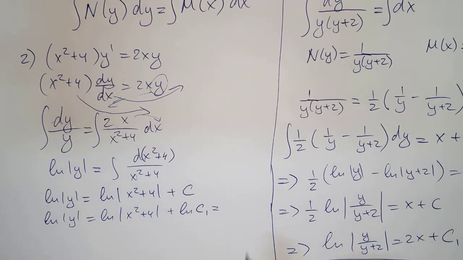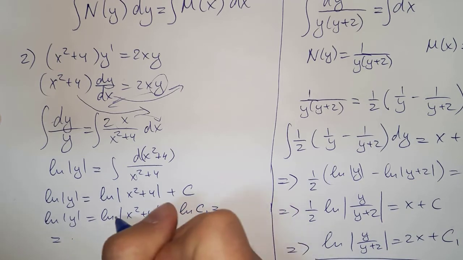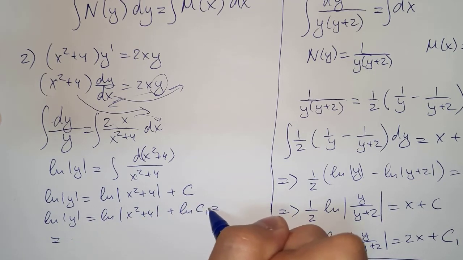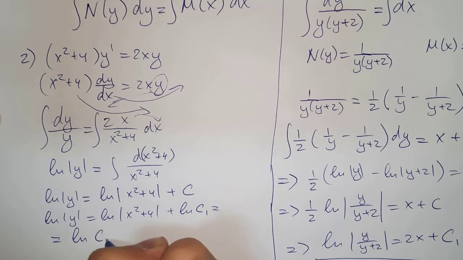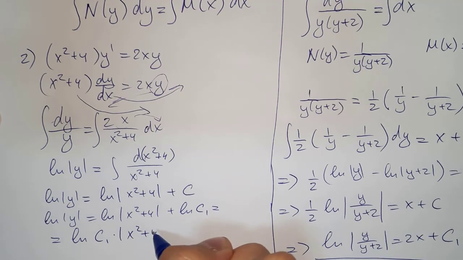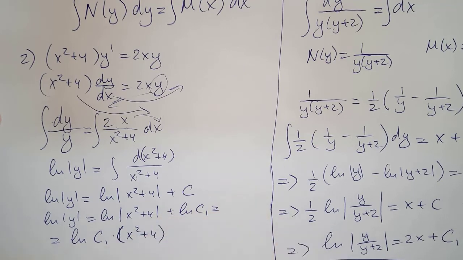To simplify our solution, because now we have a sum of two natural logarithms, which will be the product: natural logarithm of c1 times x squared plus 4, and x squared plus 4 we can write in brackets because it's always positive.